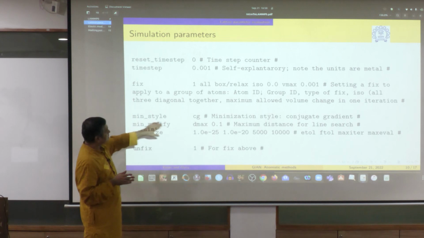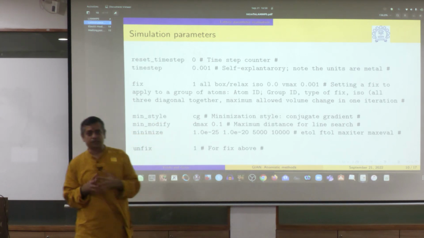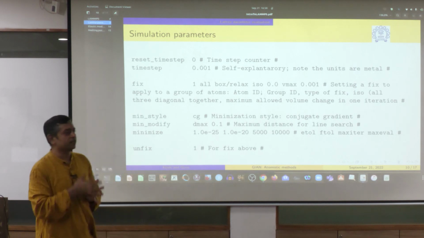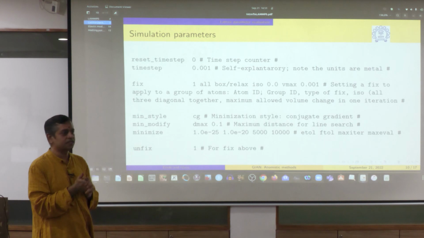The minimization style is called CG, which is the conjugate gradient minimization. I do not know if any of you have used conjugate gradient or are familiar with conjugate gradient. If not, there is a nice article which I always like. It is called conjugate gradient without the agonizing pain, version 2 and 1/4 or something like that. Okay, you can look up.